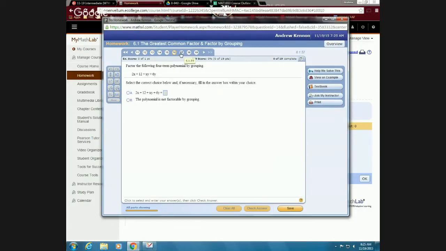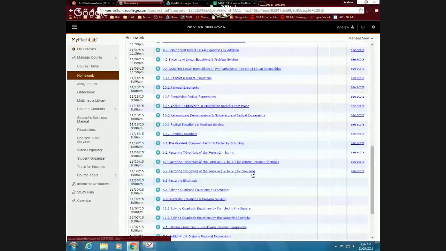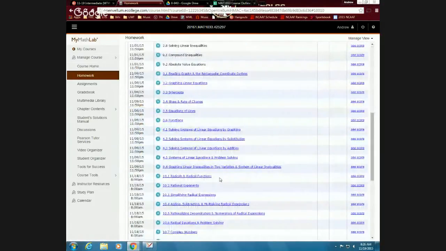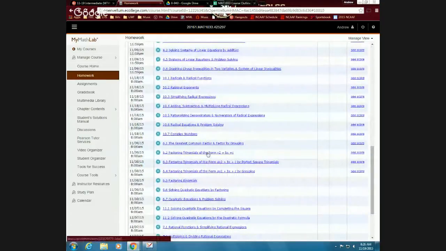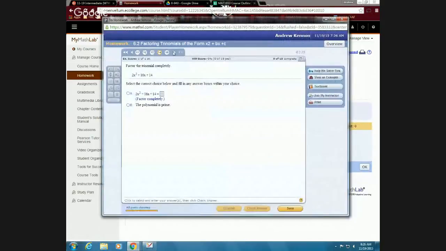Is it in this section? 6-1, no. That's the 4-term section, isn't it? What section do you think it's in? 6-2? I don't know if it's 3 or 4 times. I just remember maybe 2. It's got, like square. Like this one? Yeah, okay, that'd be one of them.